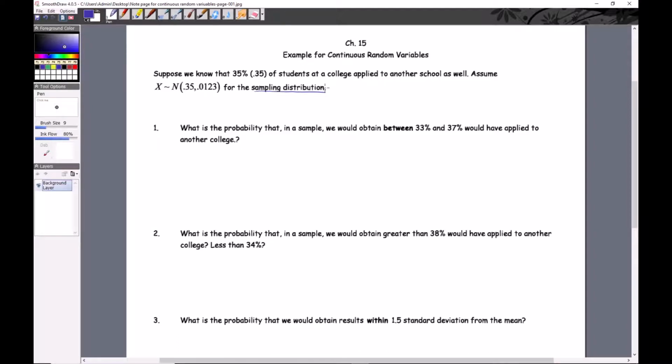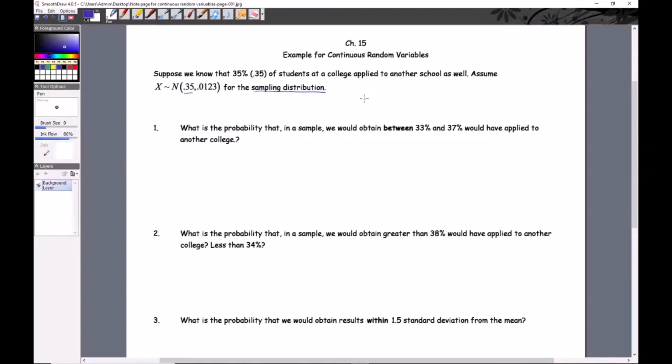Let me tell you what a sampling distribution is. What we've been doing up to now is getting lots of individual measurements and making a distribution out of them. This is not a distribution of individual measurements. In fact, this is a distribution that's made up entirely of sample proportions. Think about it.